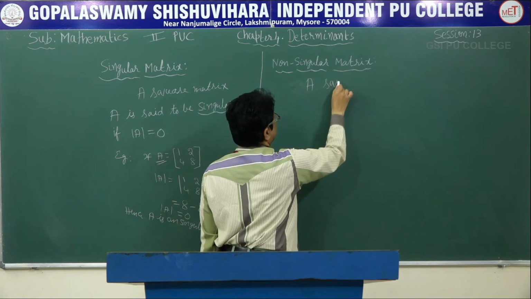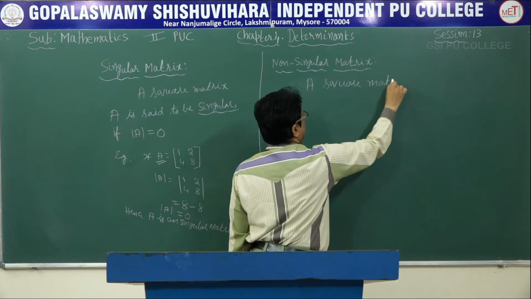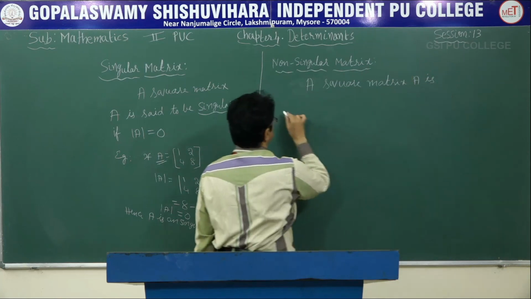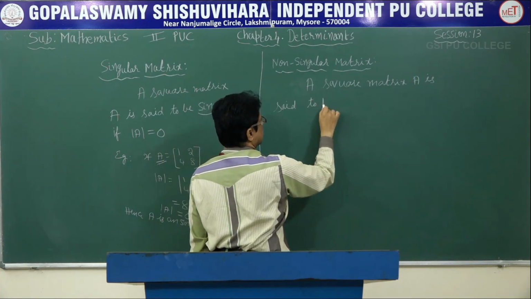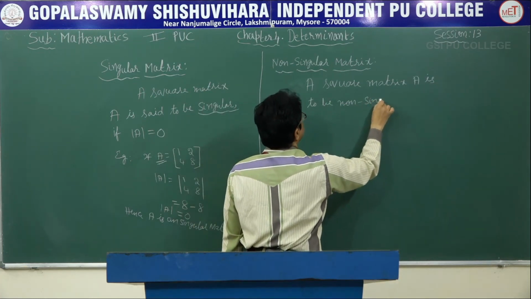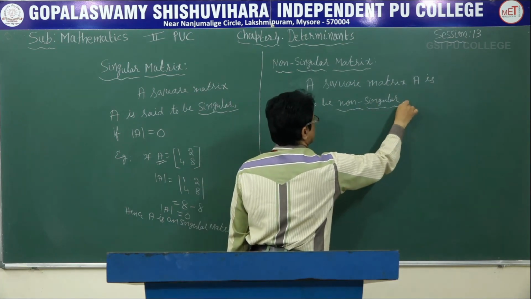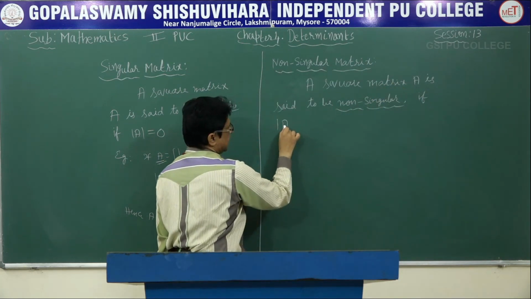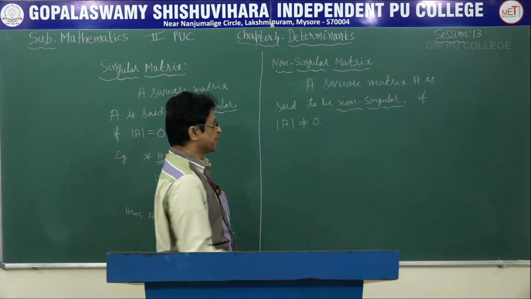A square matrix A is said to be non-singular if determinant A is not equal to 0.